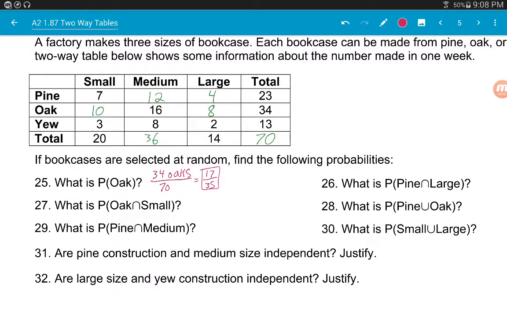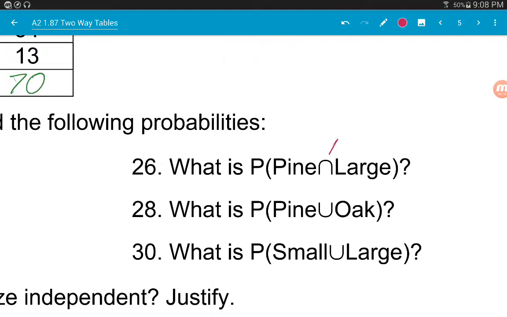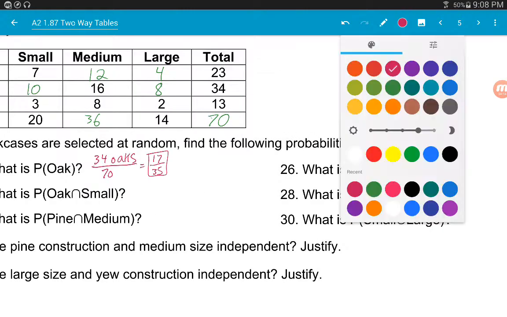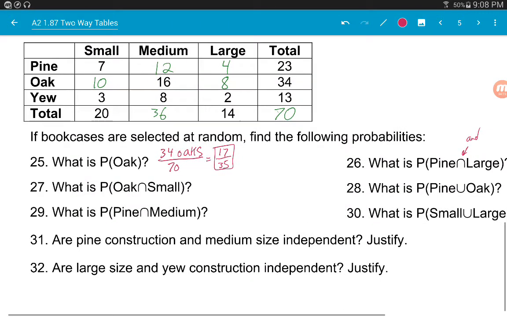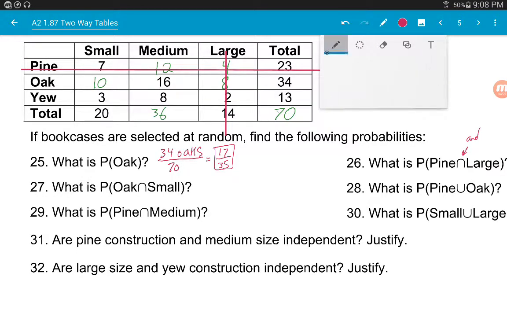Now, what is the probability of pine and large? So this is and, okay? So how many are pine and large? These are also considered intersections. So it's the intersection of the pine row and the large column. So it looks like the intersection is over here on 4.